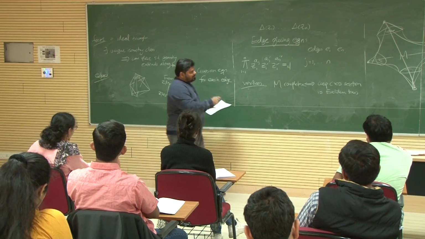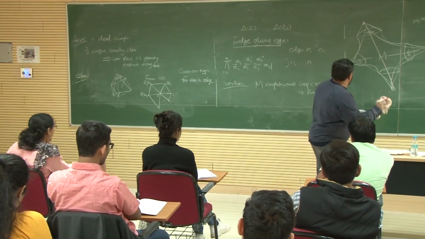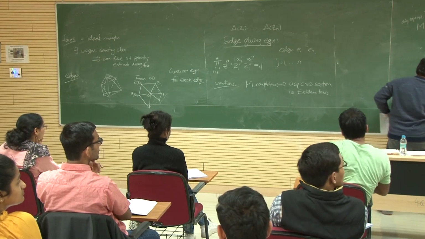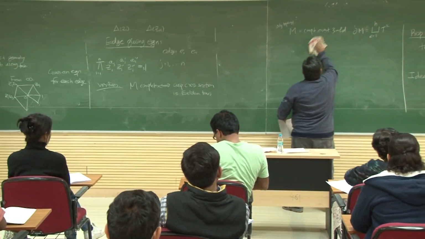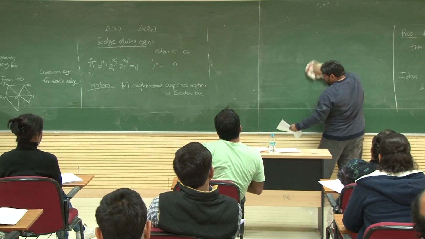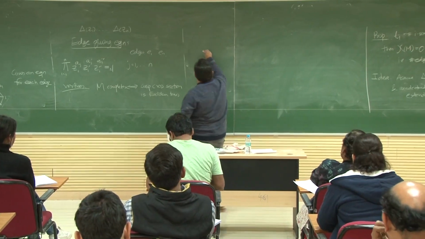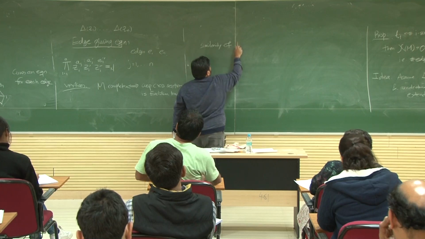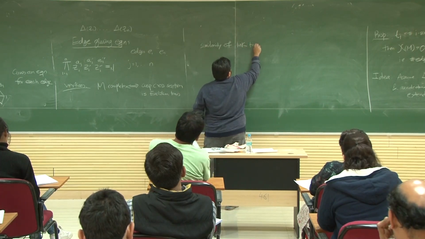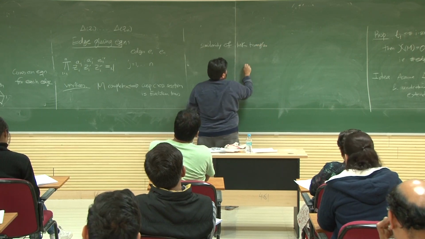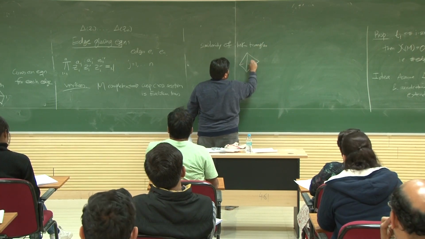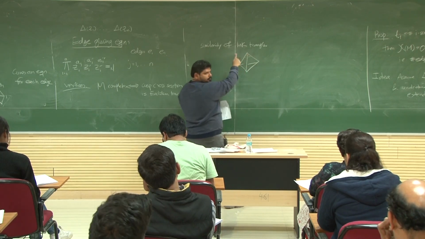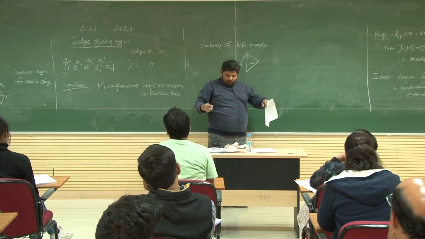So the way this is written up, I don't have time to explain this in detail, but let me just write out something which will give you some intuition of what is going on. So you have your similarity of linked triangles, of a tetrahedra, right. All that means is these triangles I am talking about, they are at different heights, right.